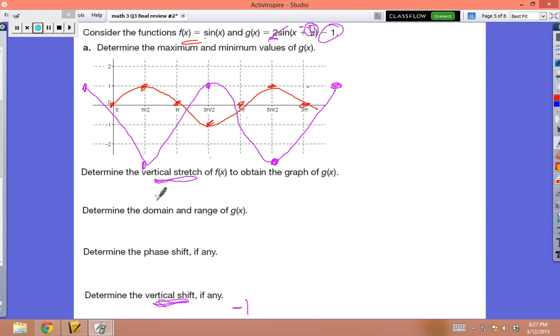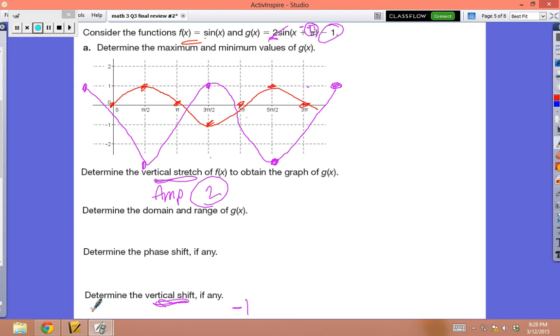The vertical stretch, that's your amplitude. So my amplitude was stretched by 2. So it's maxing out at 2, and it was mining out at a -2, but then we shifted it down 1. So it was stretched by a factor of 2.